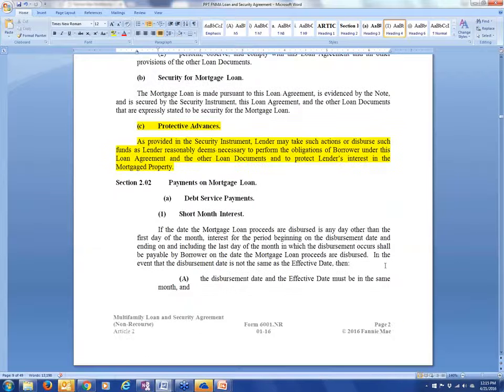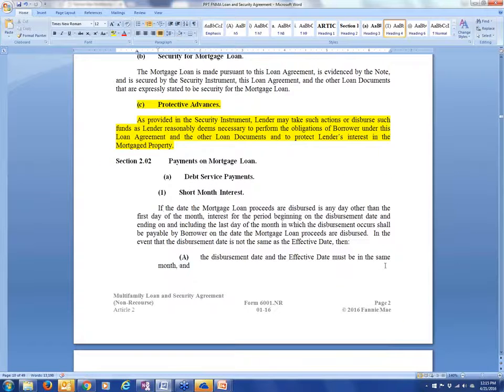Okay, protective advances. Understand what a protective advance is, all right, because this is not a good thing. It's a good thing for the lender. It's not a good thing for you. Now, just take a look at it.